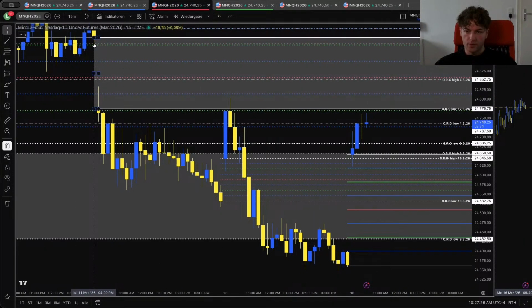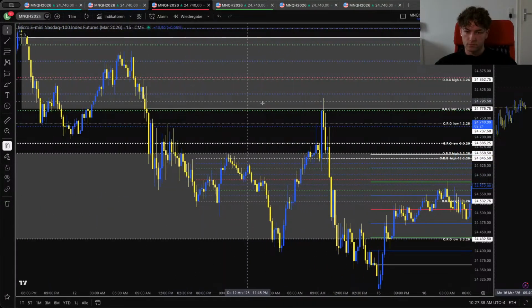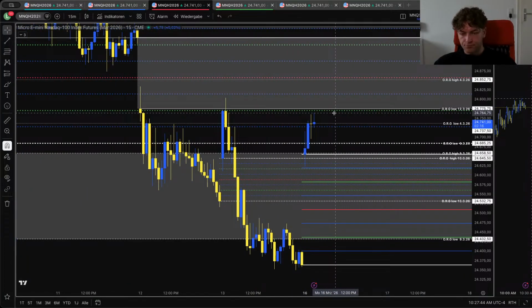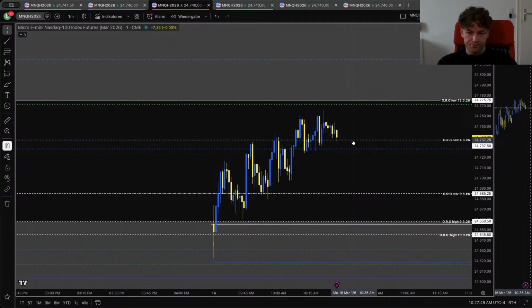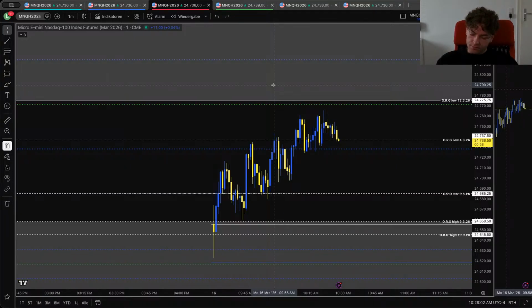Relatively equal highs, opening range gap unfilled portion right here. Okay. Yes, sir. No trades today.